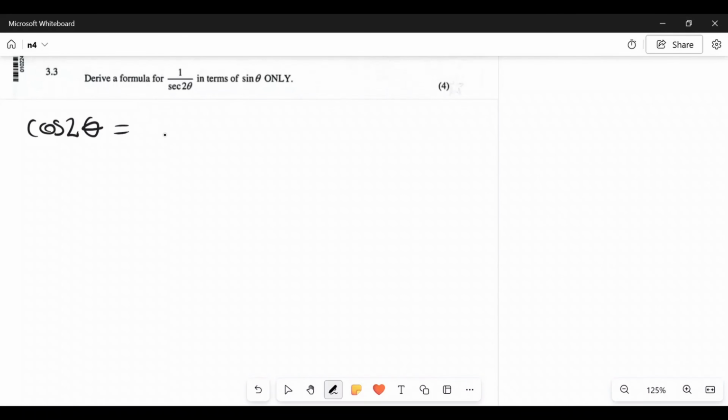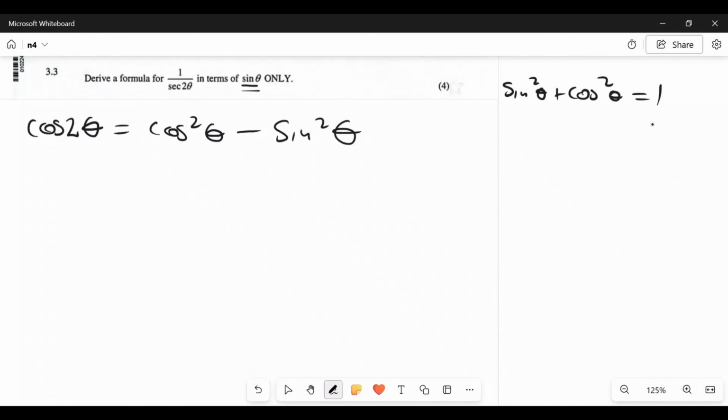So this, we know, is equal to cos squared theta minus sine squared theta. This is another identity for cos 2 theta. Remember, they want us to derive this in terms of sine only. We can use this square identity, sine squared theta plus cos squared theta is equal to 1.